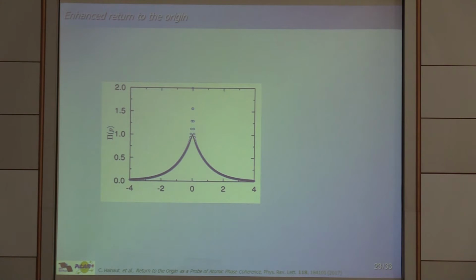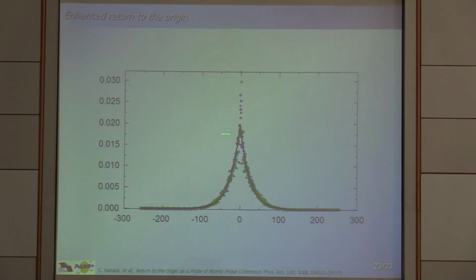This is because the trajectories that go in one sense in time and those that go in the opposite sense in time interfere constructively because the system is invariant under this change. So the presence of this peak allows you to see that you are in the orthogonal class. Okay? This is just a numerical simulation of the same thing.